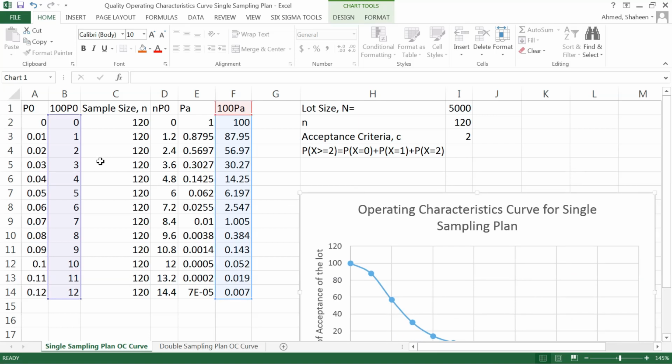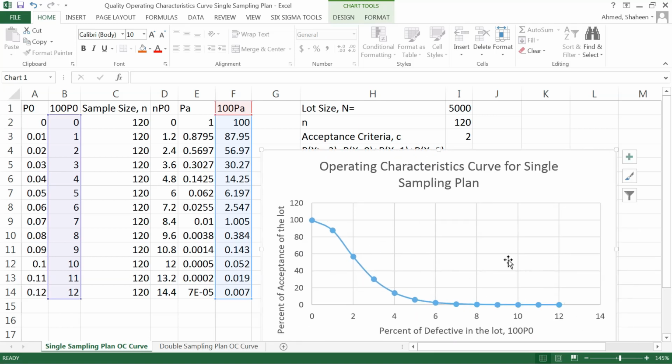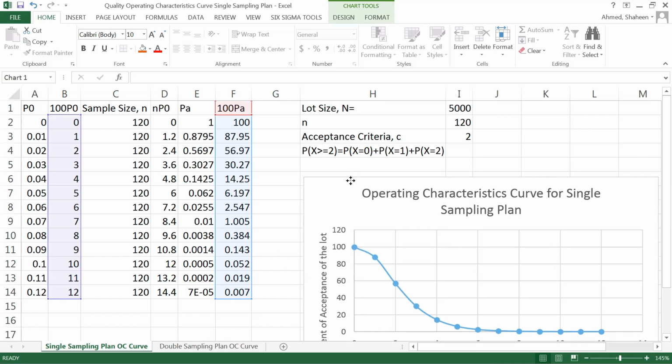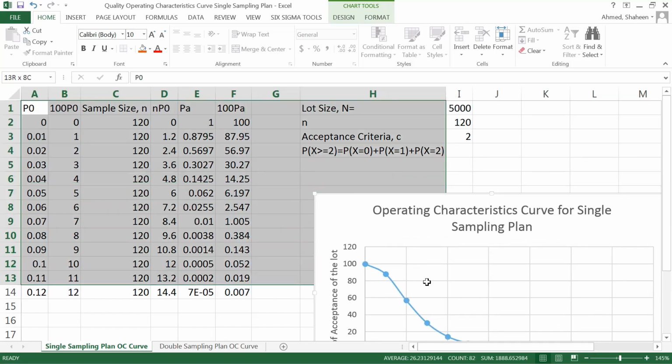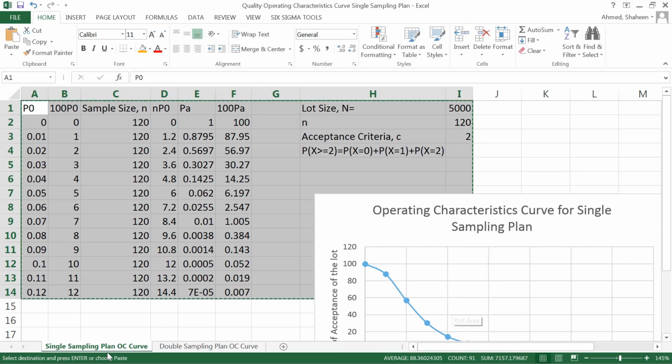In that kind of situation, what do the operating characteristics curves look like? Because that defines whether you're going to make any money at all by doing double sampling plans or not. So first let's create that double sampling plan, and then we'll explain the benefits and whether we should have it.